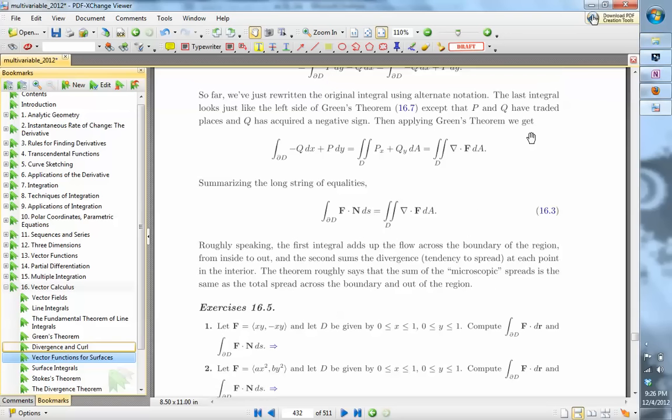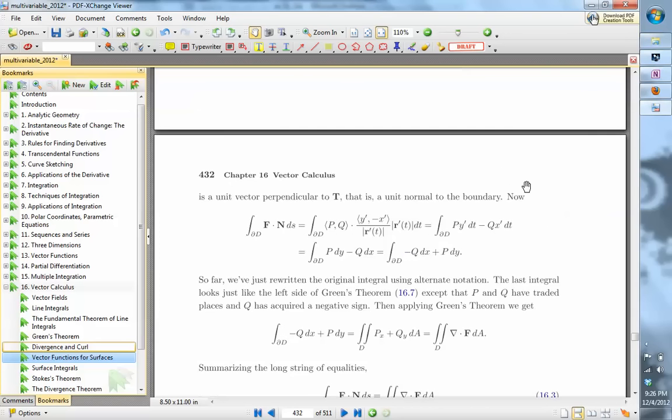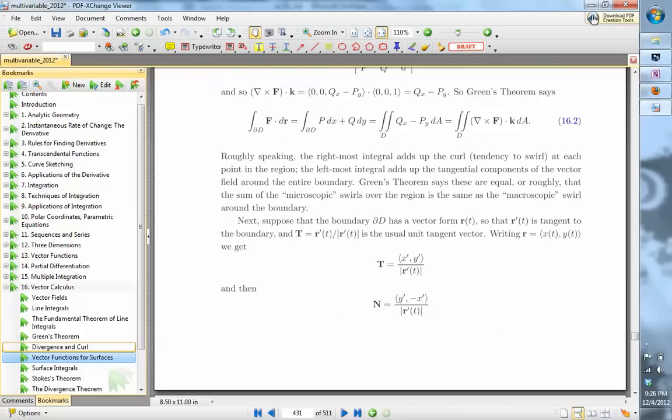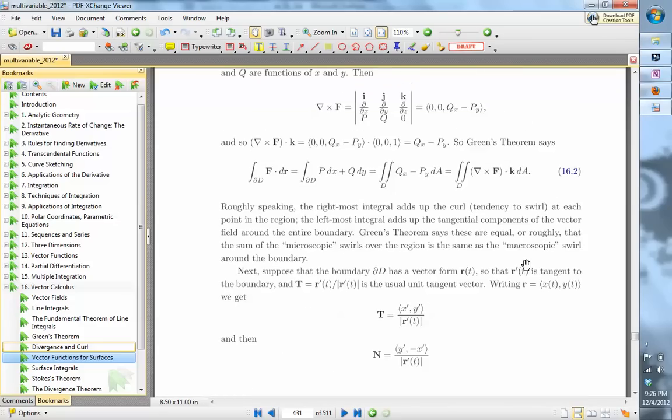K is 0, 0, 1, exactly. And really, that's just extra work. If you just want to remember that f dot dr is this thing here, that's probably the easier thing to do. That's just Green's theorem. So if I encountered an f dot dr in that context, I would just go Green's theorem.